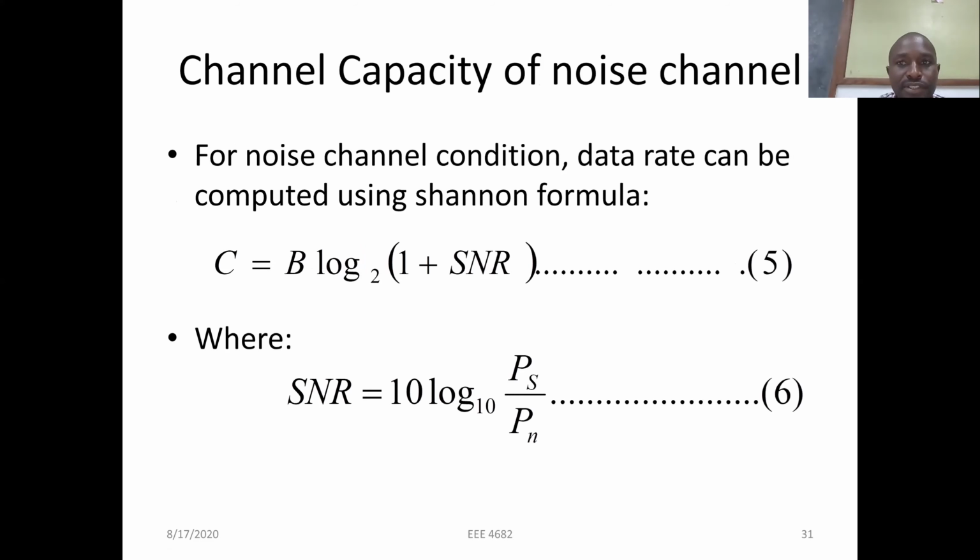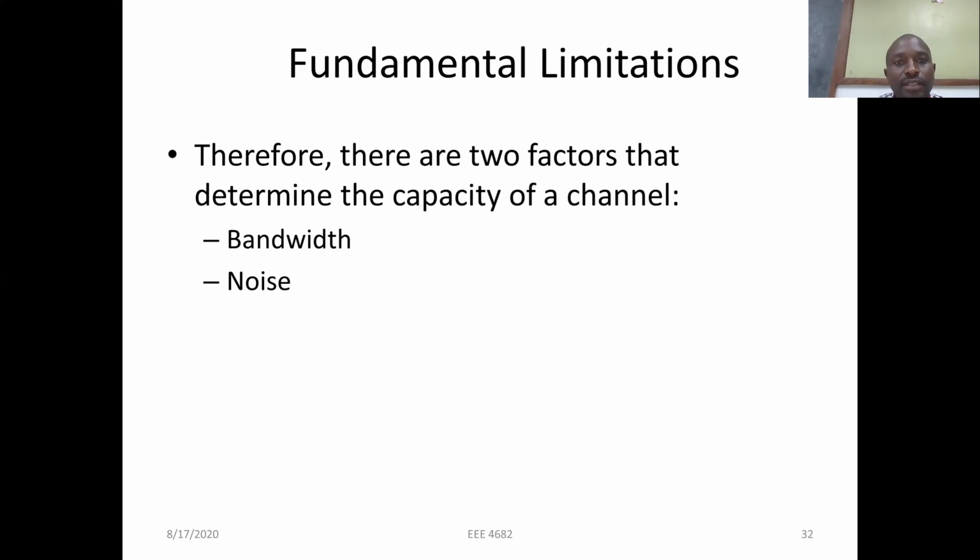For a noisy channel, the data rate can be expressed as C equals B log base 2 of (1 plus signal to noise ratio), as shown in equation 5, where signal to noise ratio is 10 log base 10 of Ps over Pn. Therefore, there are two factors that determine the channel capacity, and these are bandwidth as well as noise.